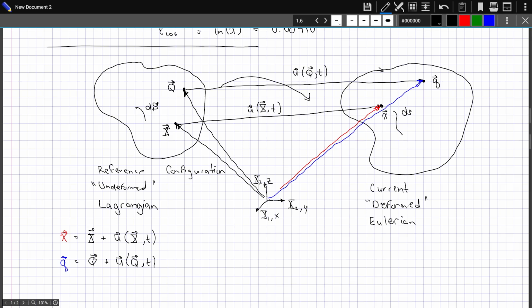So let's write down what this line segment, little q minus little x, is in terms of things in the reference configuration and their displacements. Okay?